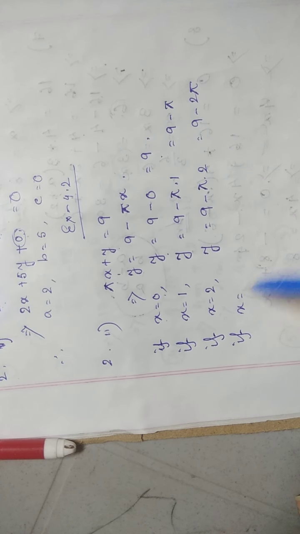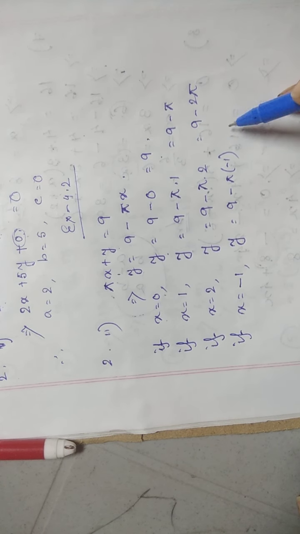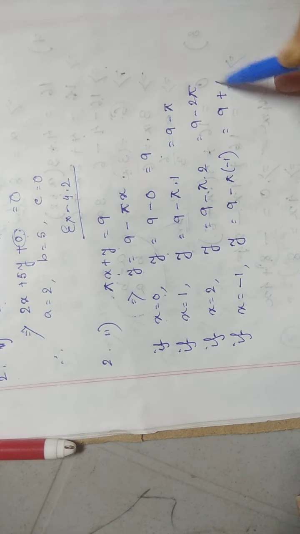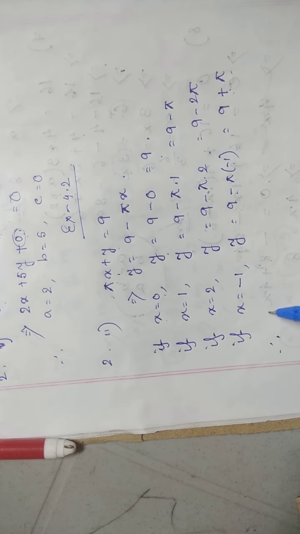If x is equal to, say, I am taking minus 1. Okay. y equal to 9 minus pi into minus 1. So it is equal to 9 plus pi, because minus minus plus. So 9 plus pi. Therefore, 4 solutions are, how can you write it?